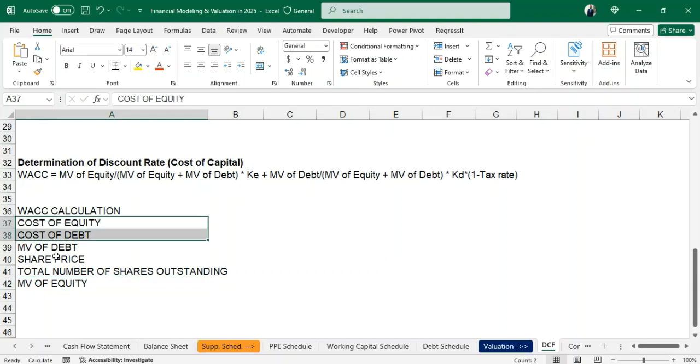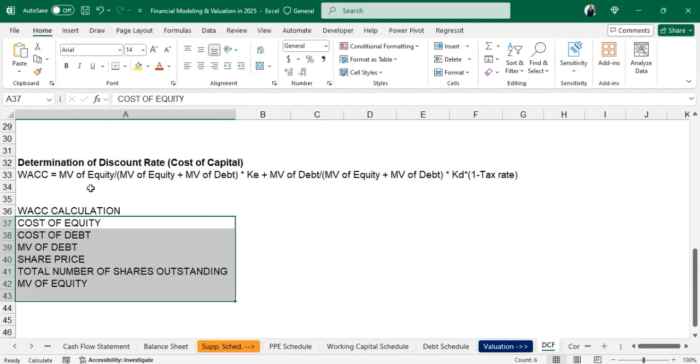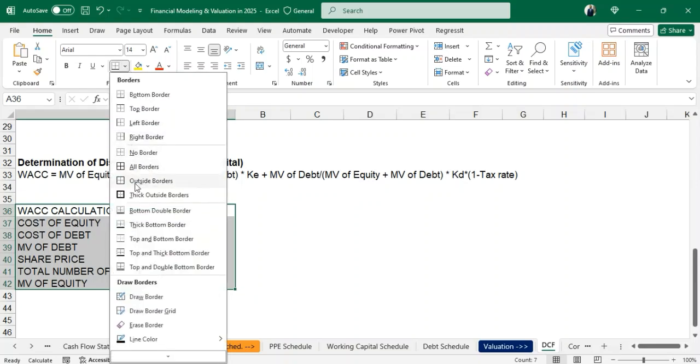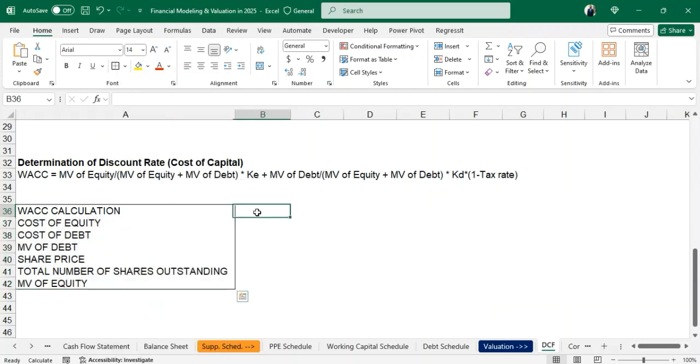Okay, so let's select everything here and insert some borders around it. So let me select this round border here, and then here is going to contain our values.